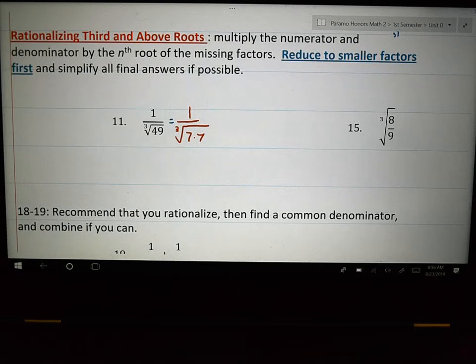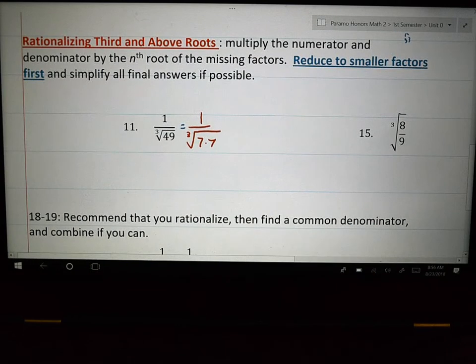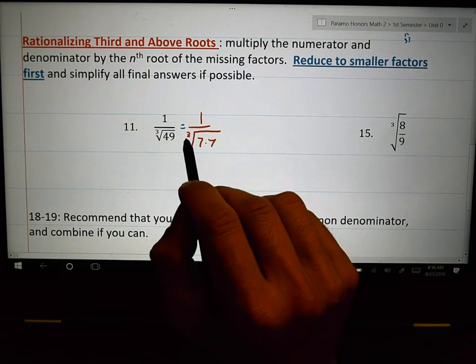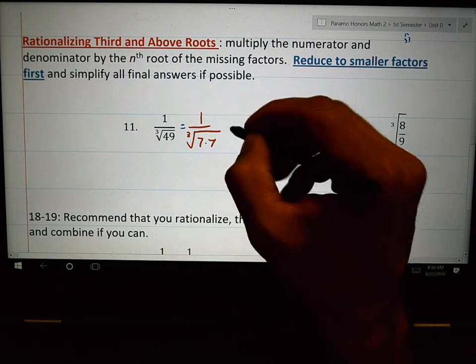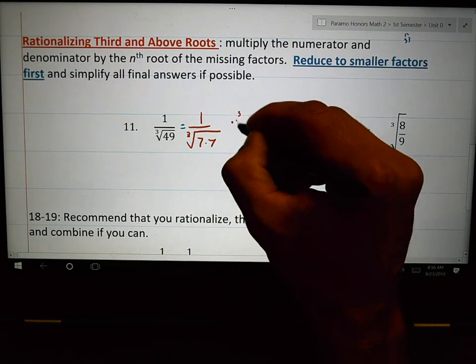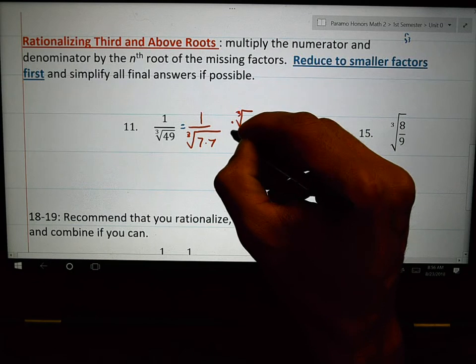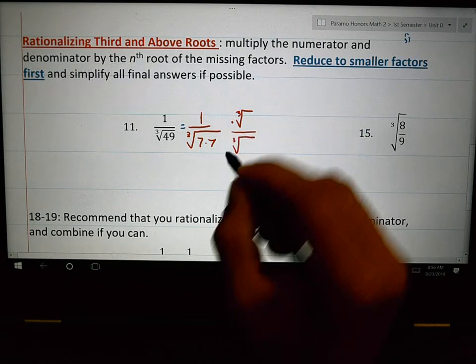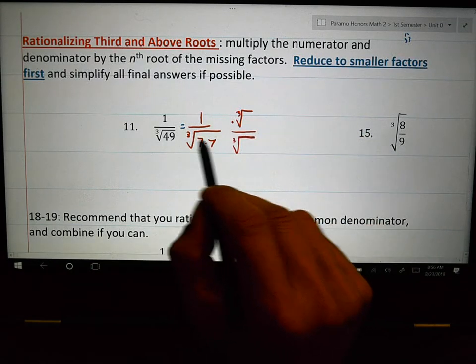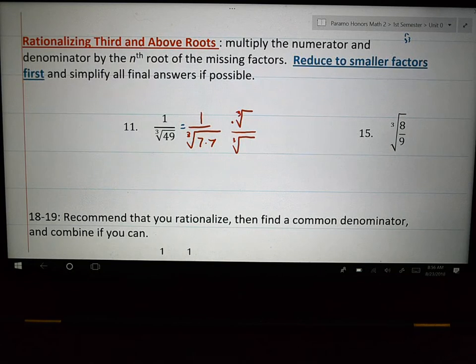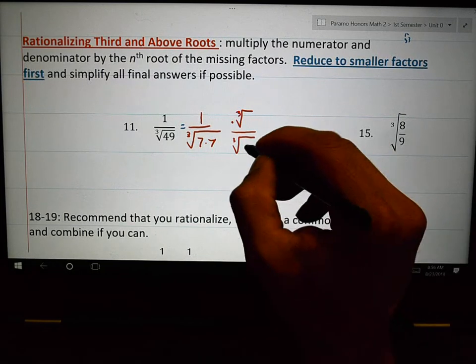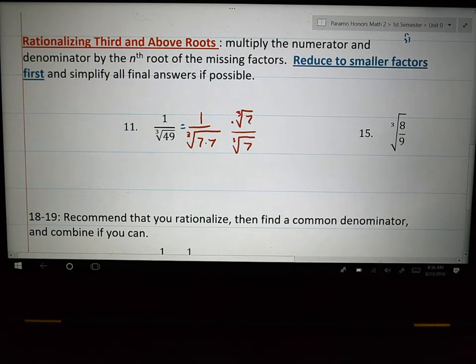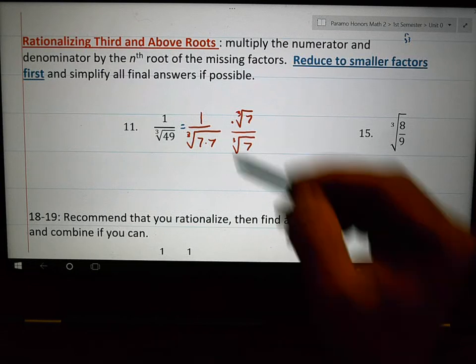So what we're going to do here that is different, we have a third root. We need 3 factors. Guess what I get to multiply by here? I multiply by another third root over third root. And I need how many more factors to have 3 factors break out of this denominator? I'm hoping you see it now. If I multiply by, technically I'm multiplying by 1.